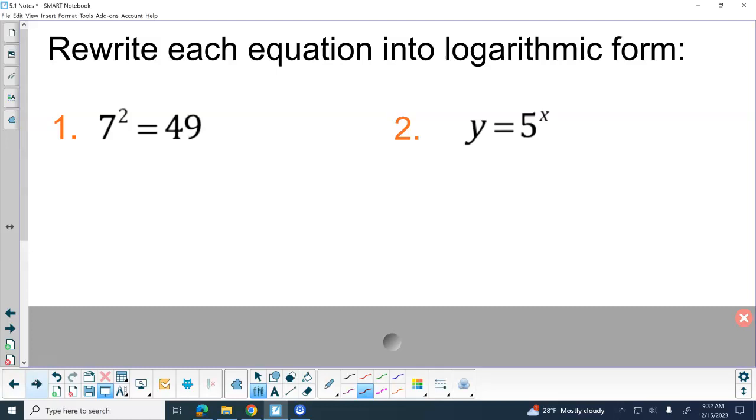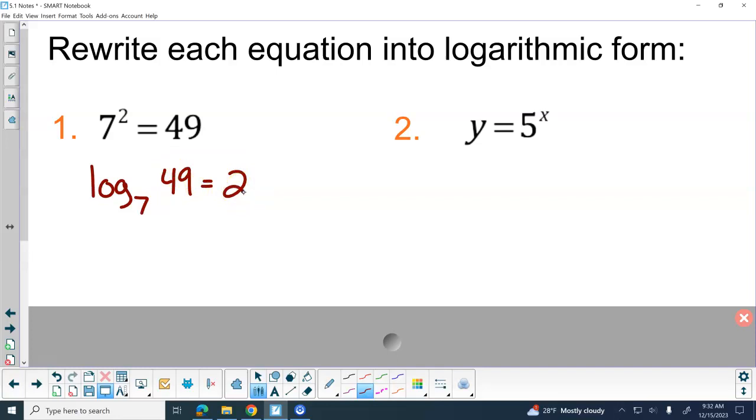Exponential form has an exponent. Okay? So this is going to be log, what is my base? Base 7 of 49 equals 2.